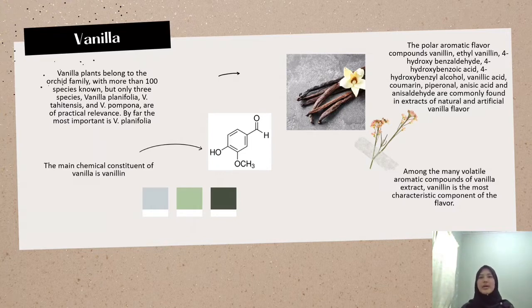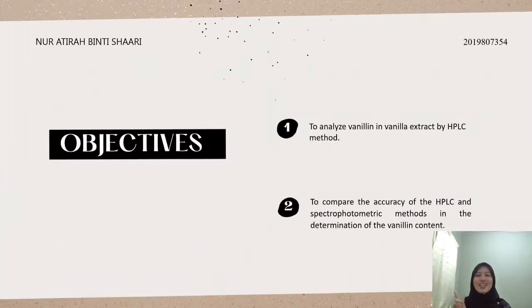Third, there are about 10 polar aromatic flavor compounds found in extracts of natural and artificial vanilla flavor. And lastly, among the many volatile aromatic compounds of vanilla extract, vanillin is the most characteristic component of the flavor.